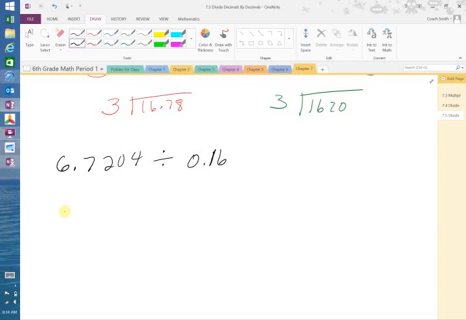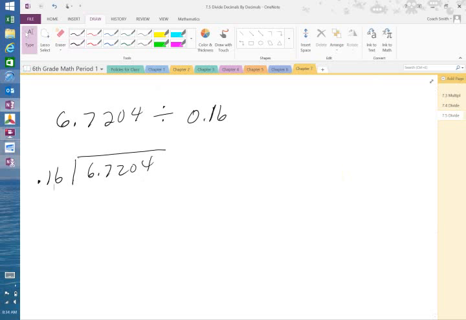So if I put that in my bracket, I have that right there. So we have to move it once, twice. That gives me 16. Move it once, twice. Gives me 672.04.